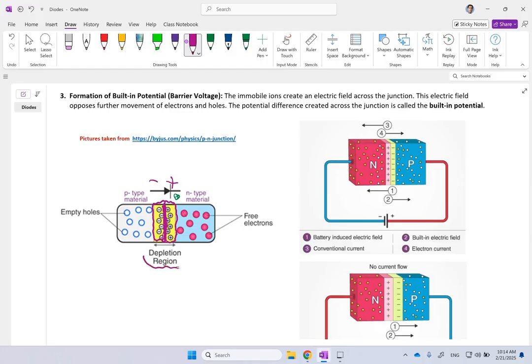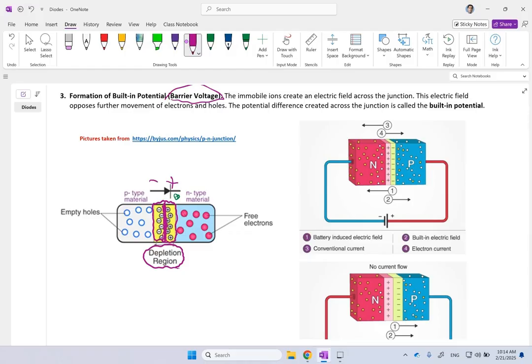This region that has only immobile ions, we call the depletion region. Inside this region, as you can see, there is some electric potential, and of course there is some voltage here, which we call the barrier voltage. Good. So this is what happens when you put them together.